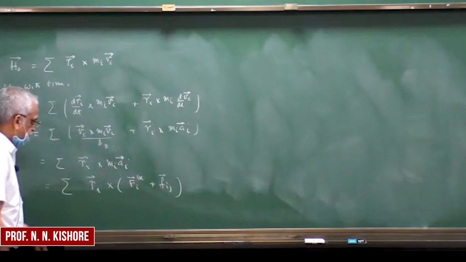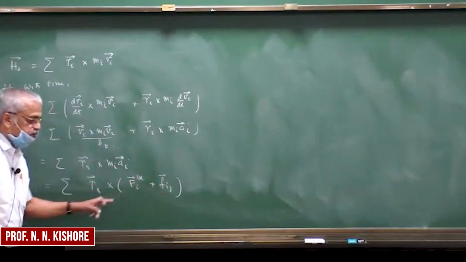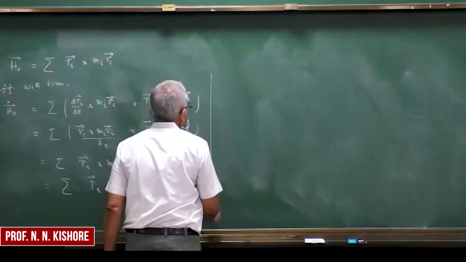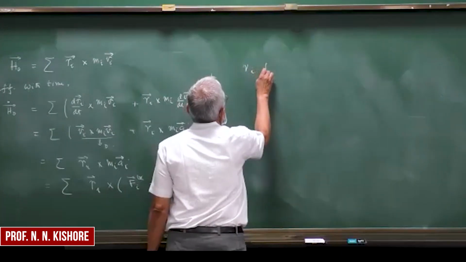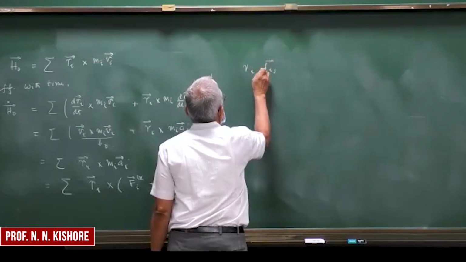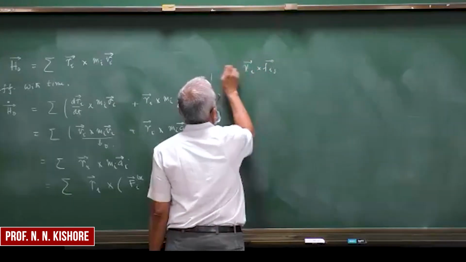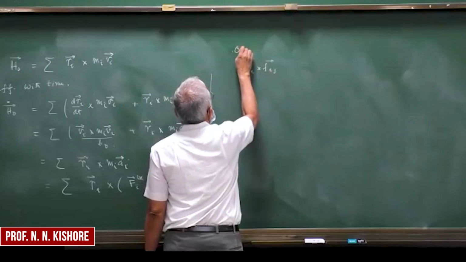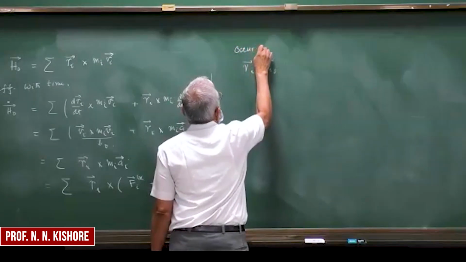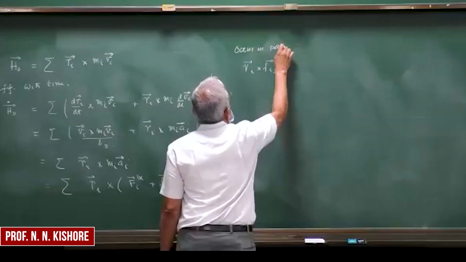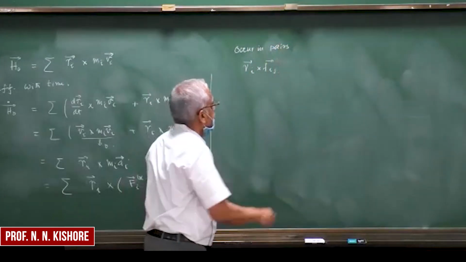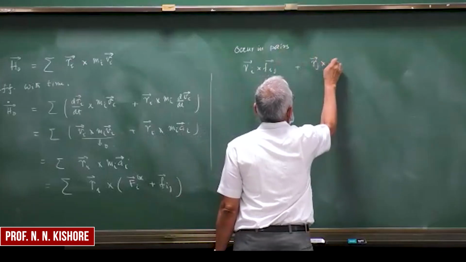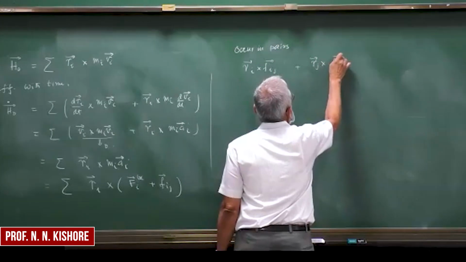Now we have two terms. Can we show that the second term here, consider this Ri Fij, occurs in pairs? Fij is acting on the ith particle and Fji is acting on the jth particle.